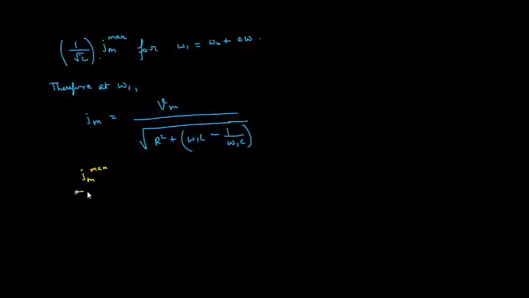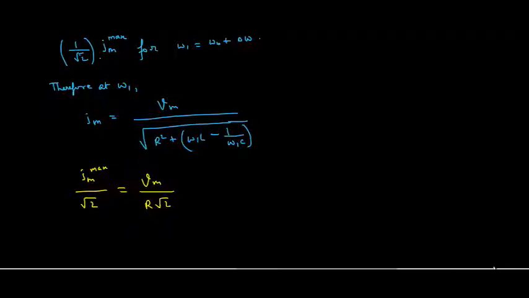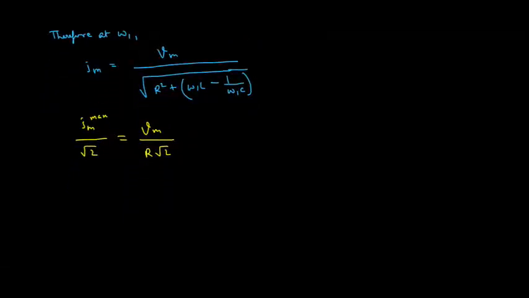So Im by root 2 is equal to Vm by r root 2. Putting this relation here, we can get Im.